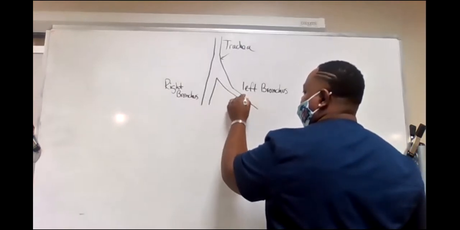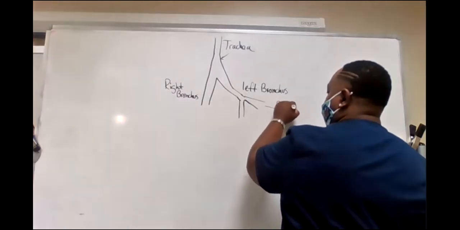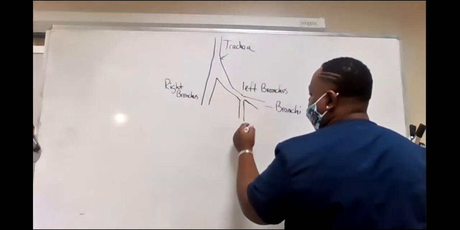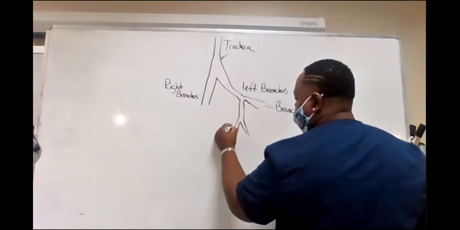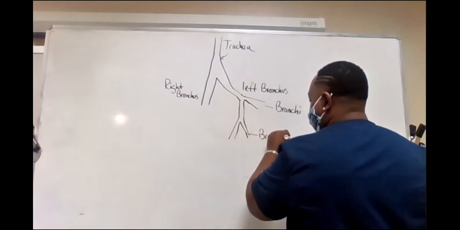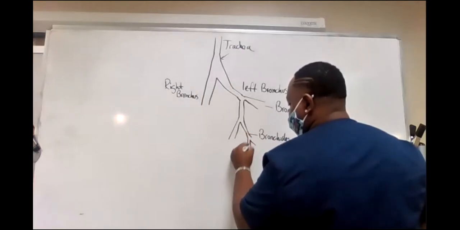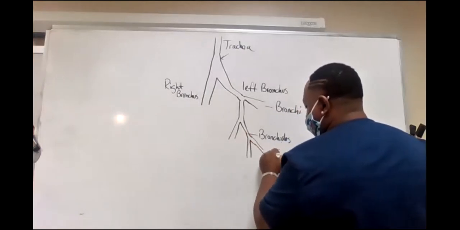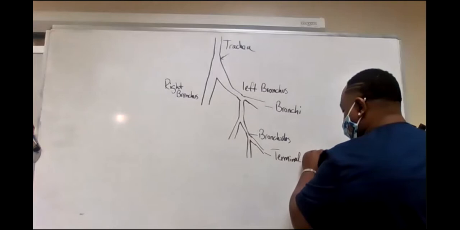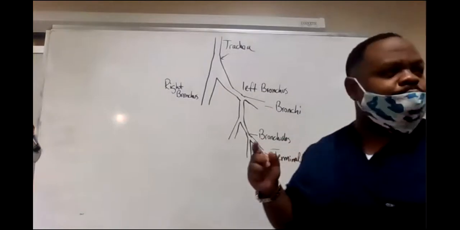And then it bifurcates down again to your bronchi. And then even further, bronchioles, and then even further, terminal bronchioles. What happens at the terminal?